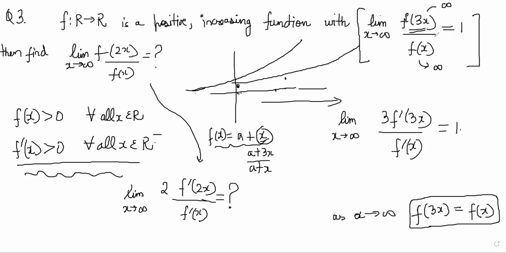This is slightly weird because I'm not able to predict which function will be like this. A constant function would have worked, but f dash x is increasing, and that is ruining it.